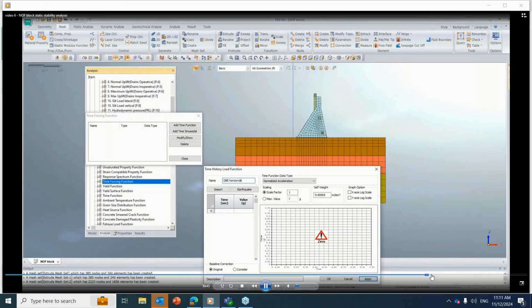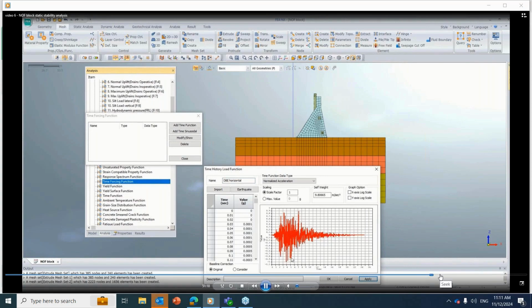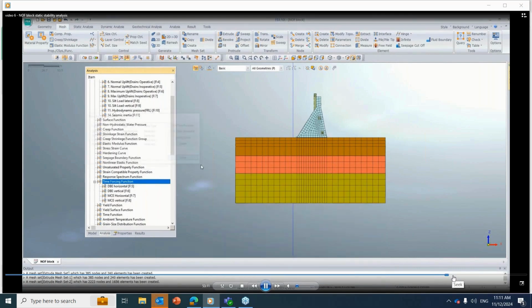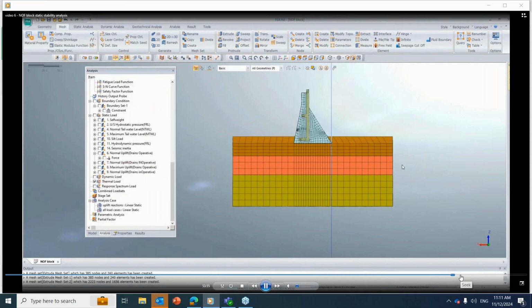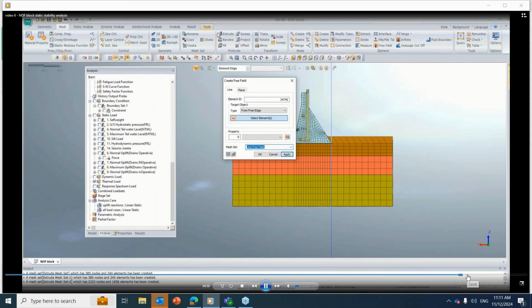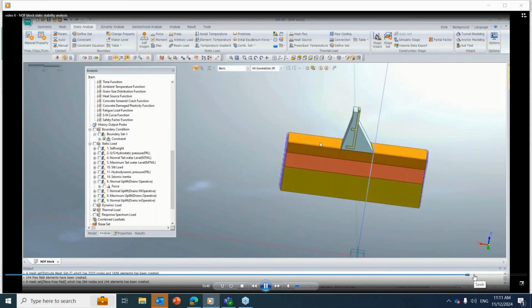You can provide absorbing boundaries, viscous dampers also on the edges, and at the bottom I had provided complete restraint. It is as per USACE Engineering Manual 6051. They had also done it in a similar way.